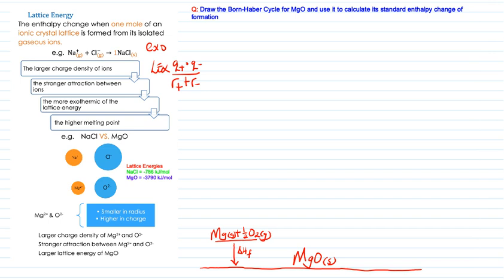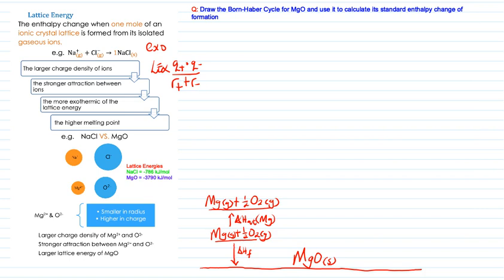Then next we are going to have enthalpy change of atomization of magnesium. Then we are going to have Mg in gaseous state plus half a mole of oxygen in gaseous state.